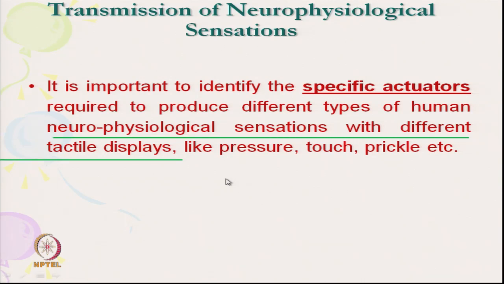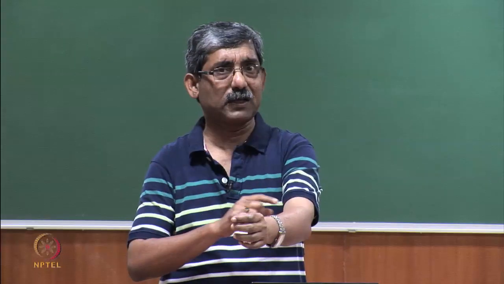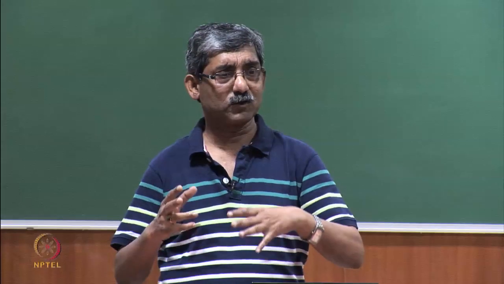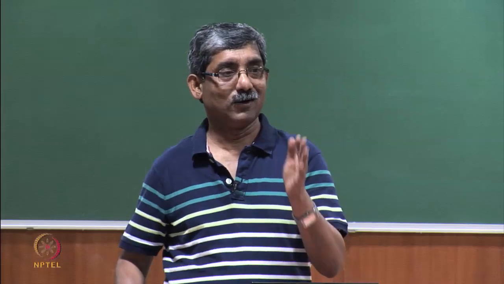So, first we have to get this sensation. Basically, the different types of tactile display transmit the energy to the skin surface. So, maybe it is a vibration, maybe tickling or maybe something touch. So, they actually send energy to the skin, okay.